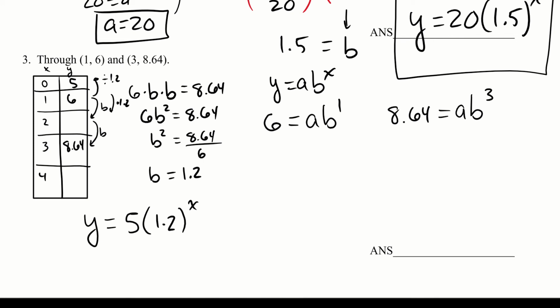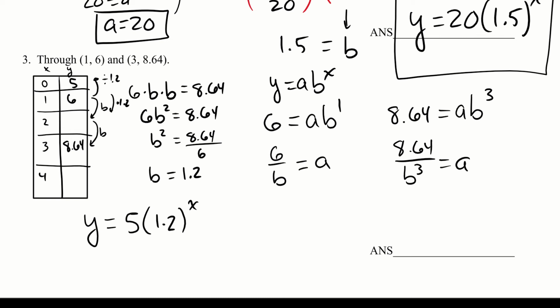So what we've been doing is solving to get a alone in these equations. And if I get a alone for this one, it's 6 over... no, I'm dividing by b. 6 over b is a. That's one equation. And over here, if I divide by b cubed, I get 8.64 divided by b cubed is a.